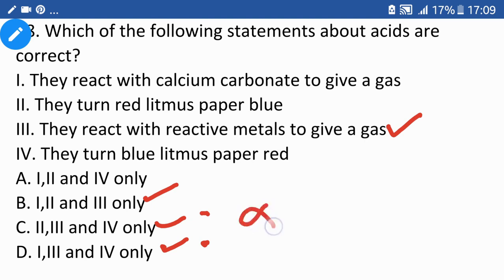So C is not the answer because it has a wrong option in there, which is I. So we need an answer which has I and then Ivan. Looking through, D is the correct answer. So they react with calcium carbonate to give a gas. They react with reactive metals to give a gas. They turn blue litmus paper red.